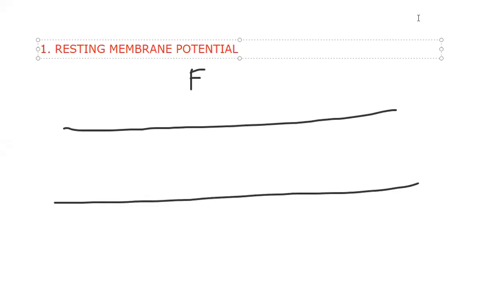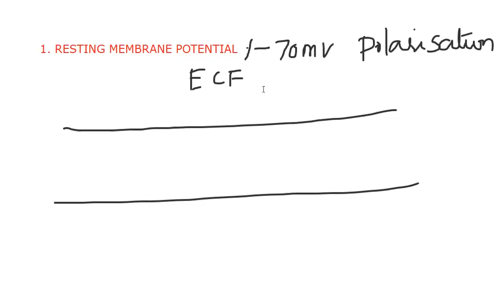Let me remind you once again, resting membrane potential is said to be minus 70 millivolts, and this is the condition we call polarization.